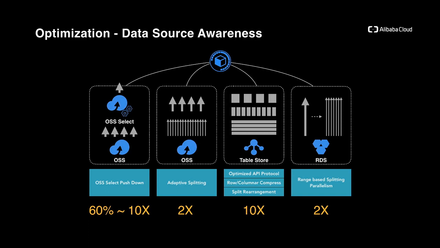This has got about 10 times performance optimization on average in the production environment. For the RDS relational database, if the table has an auto-increment key, DLA can do key range-based splitting to enable query parallelism against a single table. This has got about 2 times performance optimization on average in the production environment.